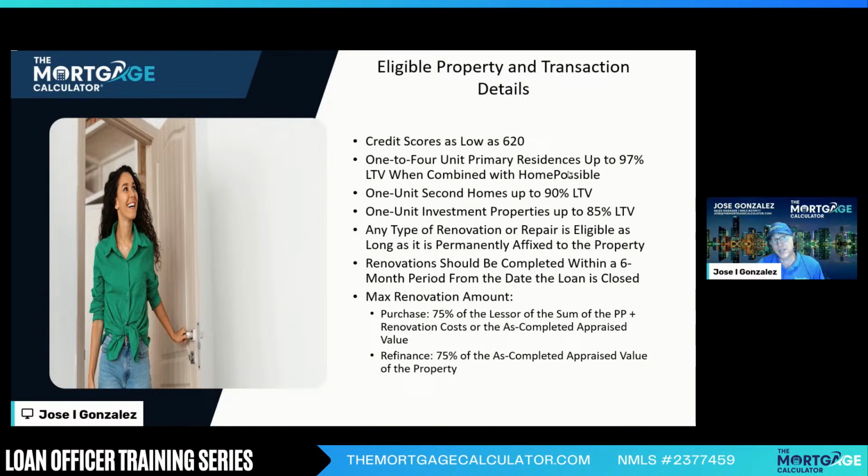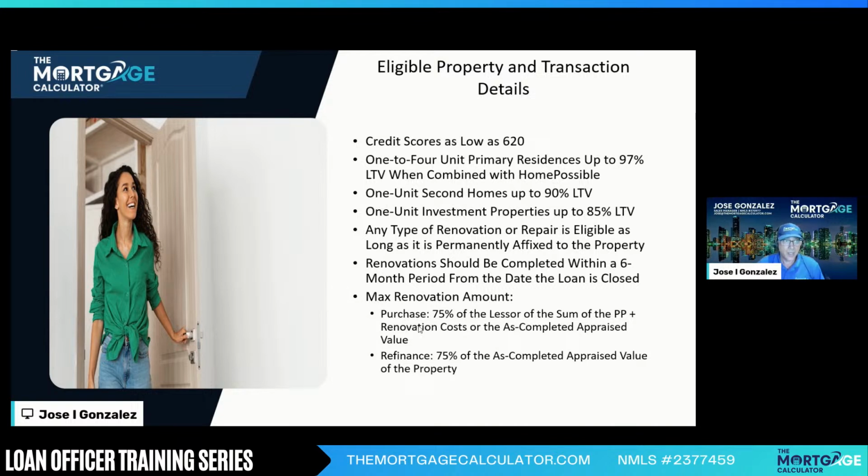But if they do, you could actually combine Home Possible with Choice Renovation up to a 97% LTV. 1 unit second homes up to 90, and 1 unit investment properties up to 85%. Again, you've got to get compliant pricing on that 85%, but that is the maximum that the matrix states that you can go.